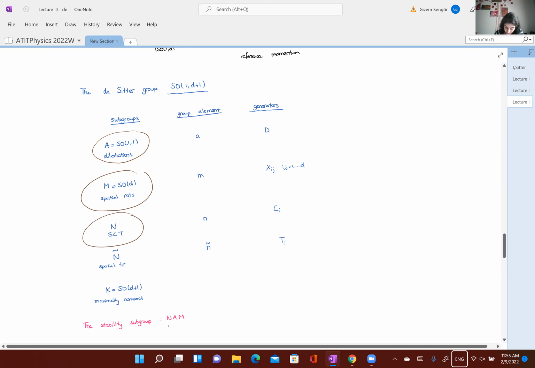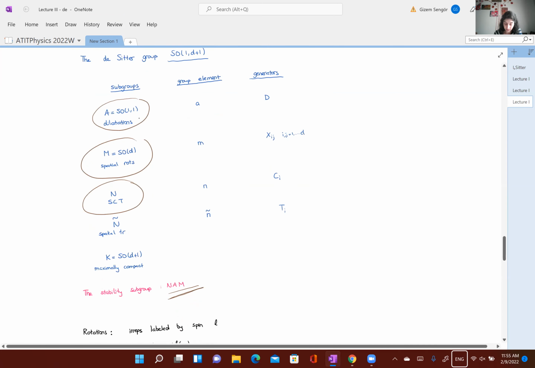So the representations are built from these. The elements of these subgroups have an important role in building the representations. And we will always denote the group element by a lowercase version of how we denote the group.